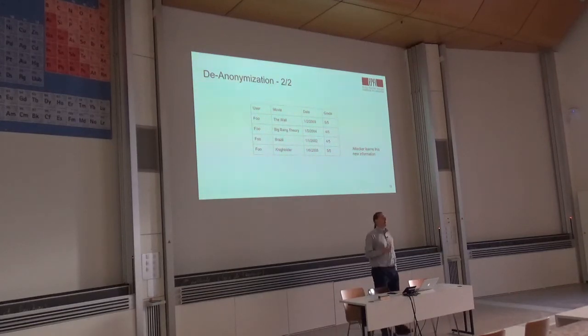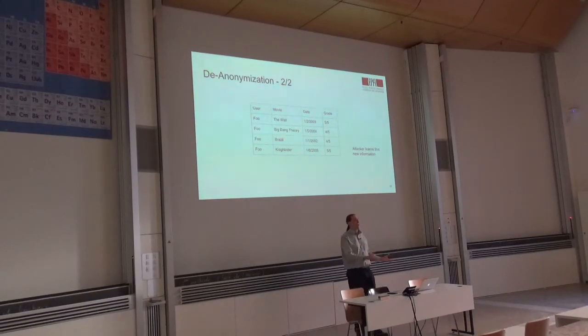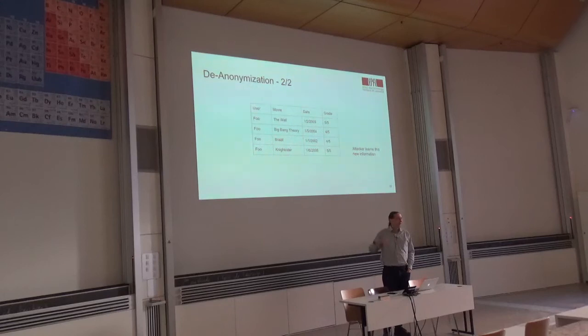Well, of course these researchers showed that this can be correlated with known names in other social network references online to basically re-identify nodes in parts of the graph that correlate across these data sets, right?